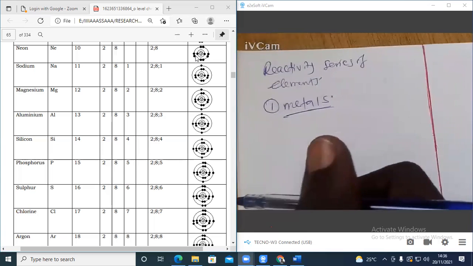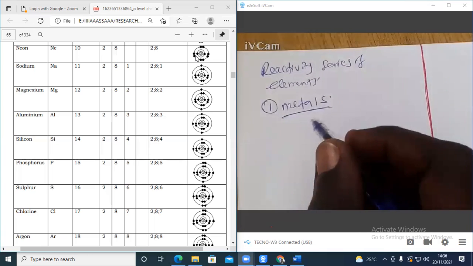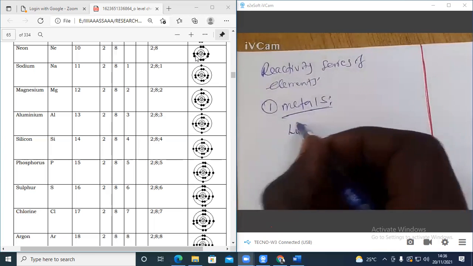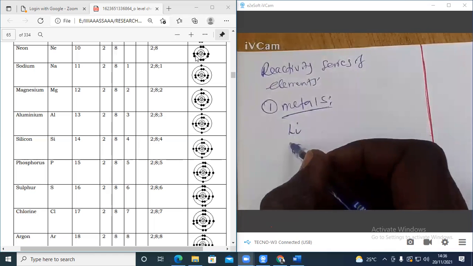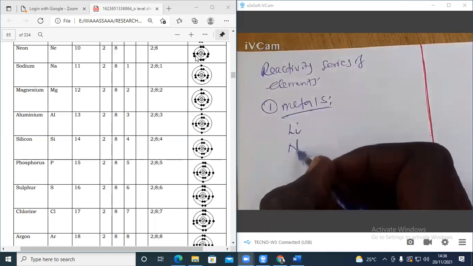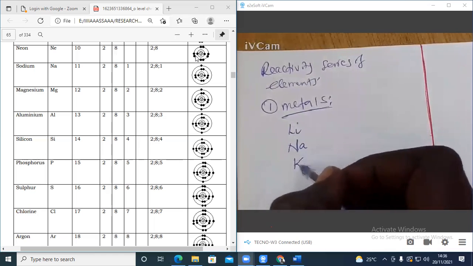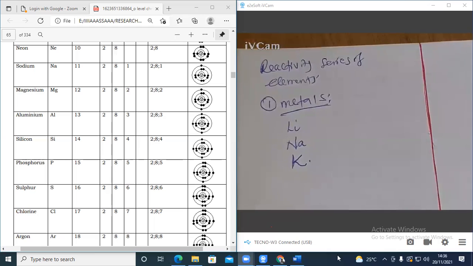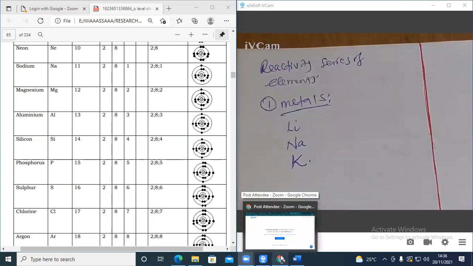We have seen from many reactions that hydrogen is a gas. So the first metal is lithium. We come to sodium, and then we go to potassium.